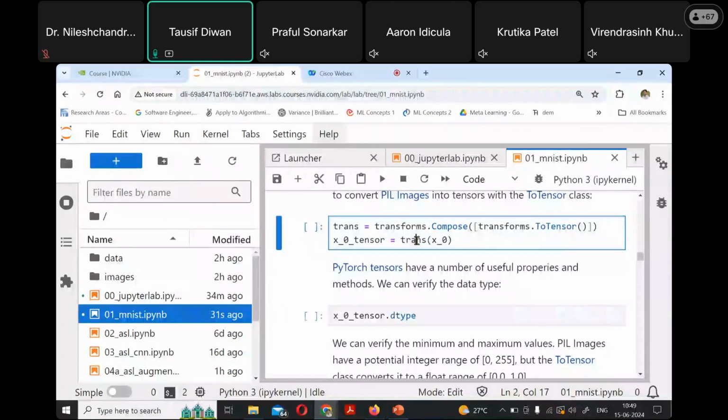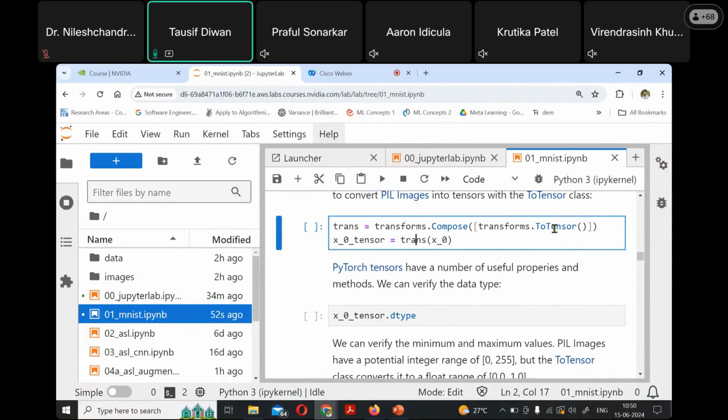See, when we are applying this Compose, previously the range is 0 to 255, but when we apply this ToTensor, it converts it into numbers, as well as applies the normalization. So how is normalization applied internally? Every value of this matrix of size 28 by 28 is divided by 255.